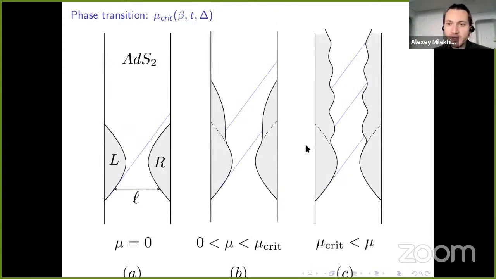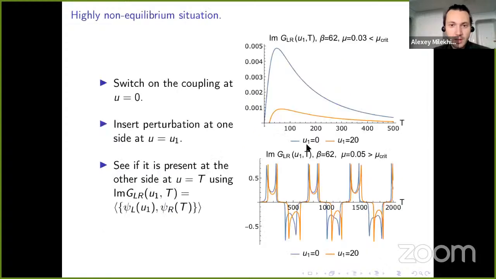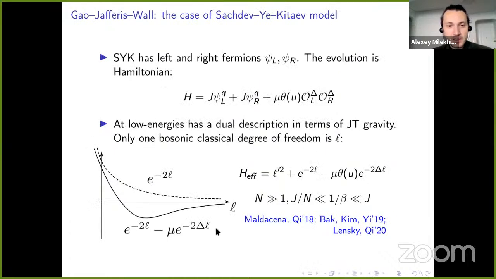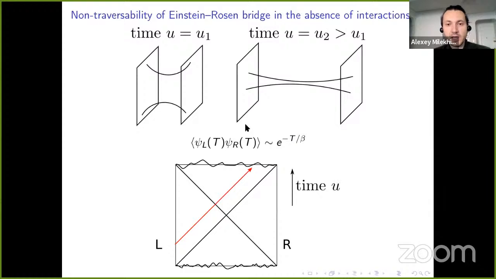I have a picture for this, but for the sake of time, I don't want to go into detail, and some pictures of the correlation functions. The main idea is that if you switch on mu and mu is small, then nothing interesting happens. This correlator will eventually decay exponentially to 0.